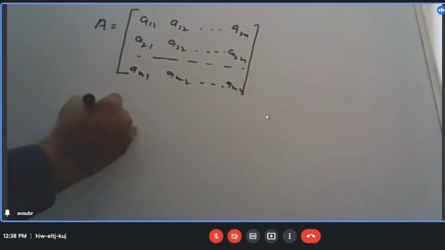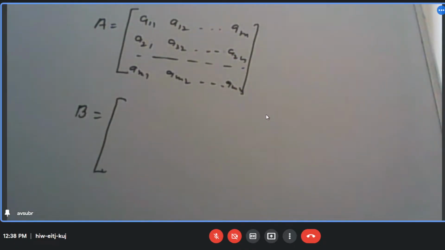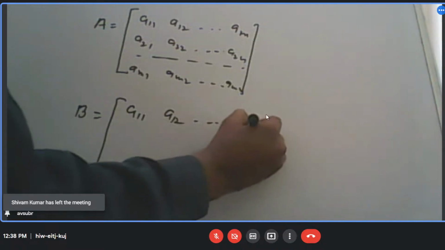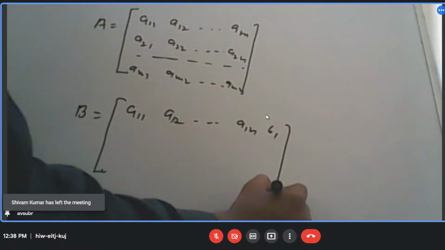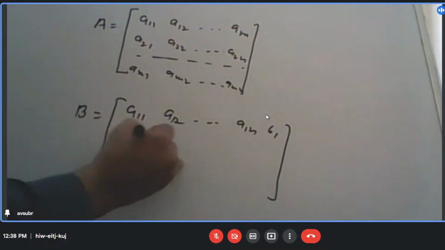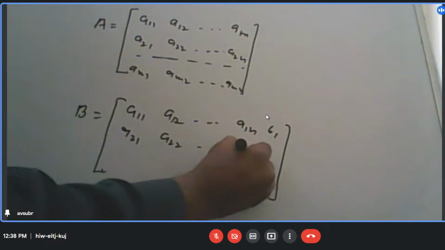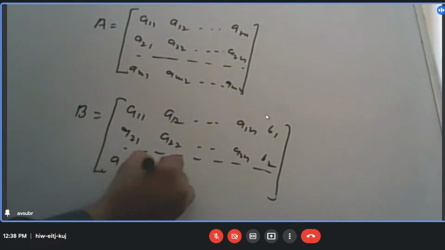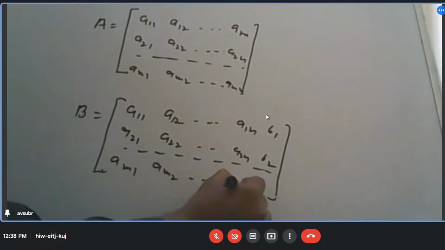And another matrix we can write down: a11, a12, a1n and b1. Now we are including the right hand side also. a21, a22, a2n, b2, and so on and so forth. So the last row will be am1, am2, amn, bm. Okay?